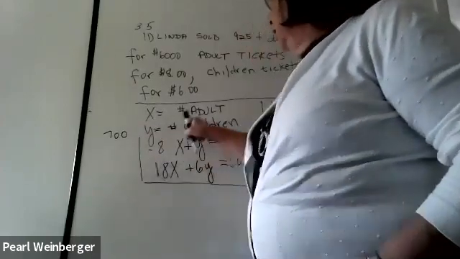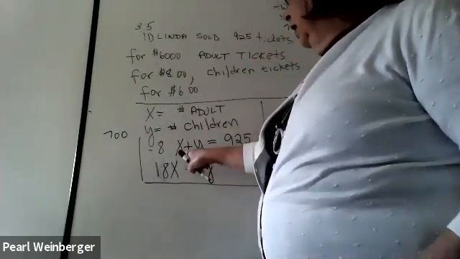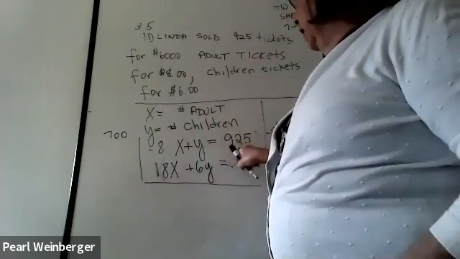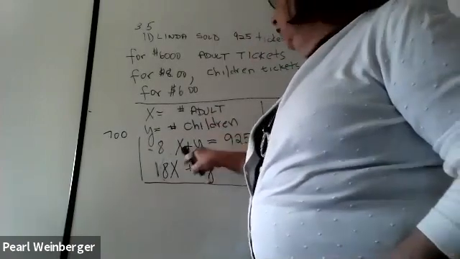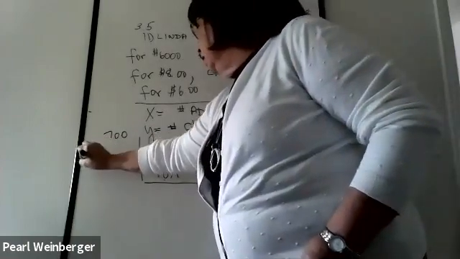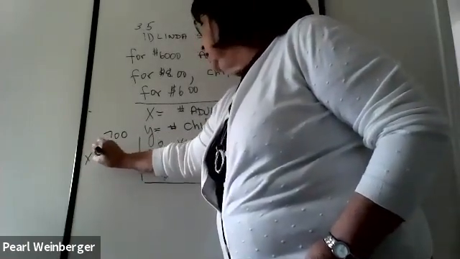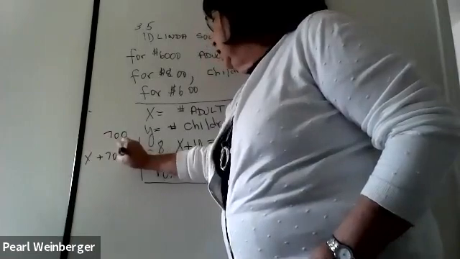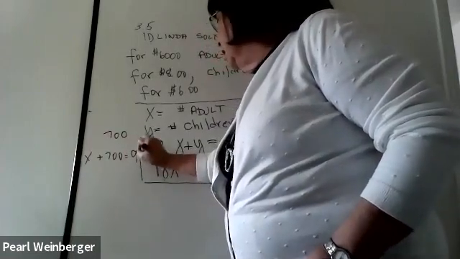I know from my original equation that x plus y equals 925. So therefore, in place of the y, I'm going to put 700. So I get x plus 700 equals 925.